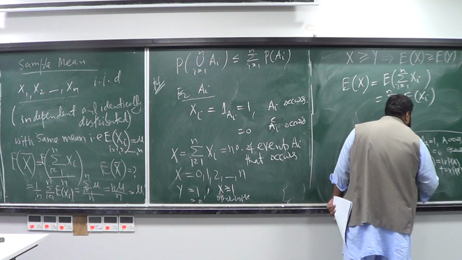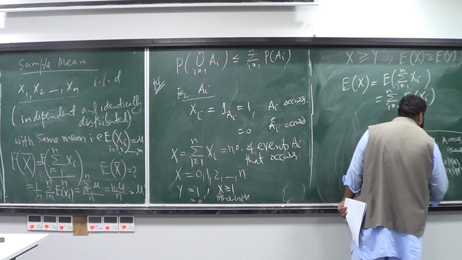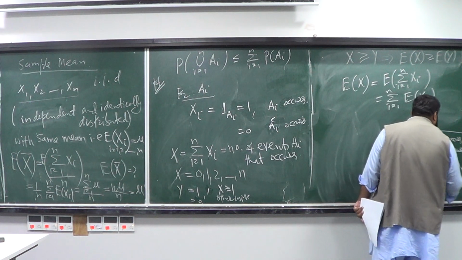Hence the expectation of the indicator function of A is equal to the probability of A.